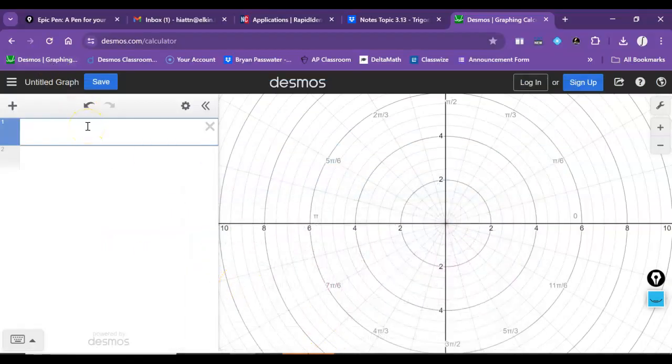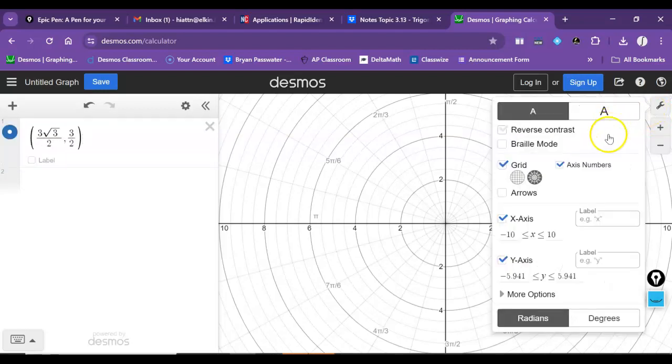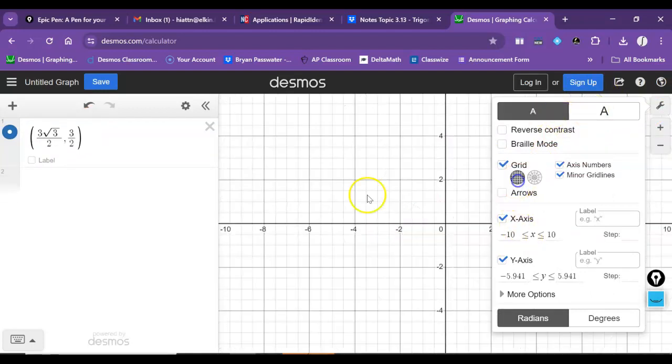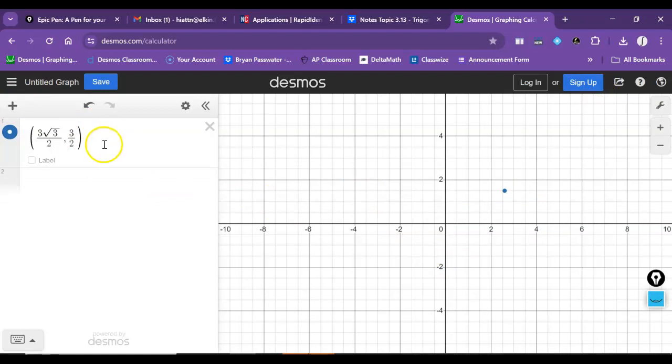And whenever you type that in, it's graphing this right here. 3/2 is just 1/2. You can see the y coordinate right there is 1/2. 3 square root of 3 over 2 is a little more than 2/2, so it's right here.